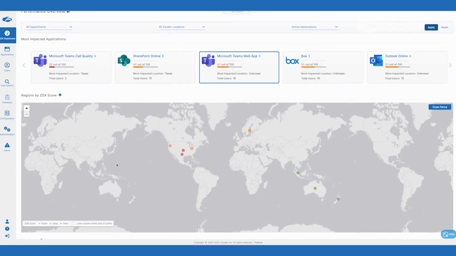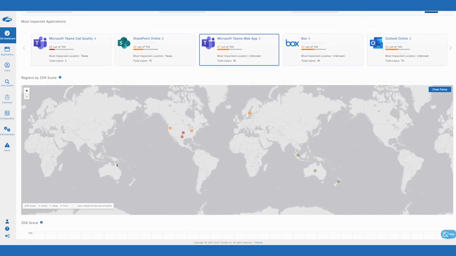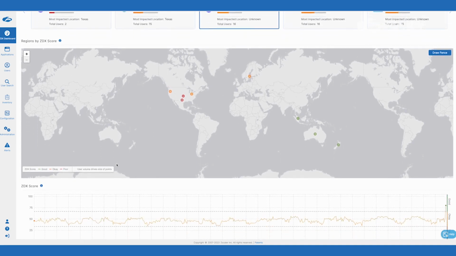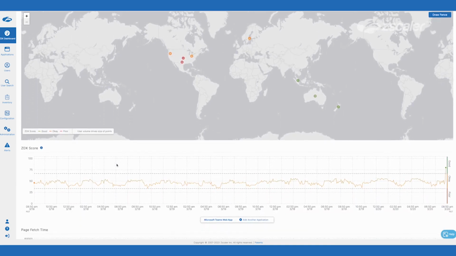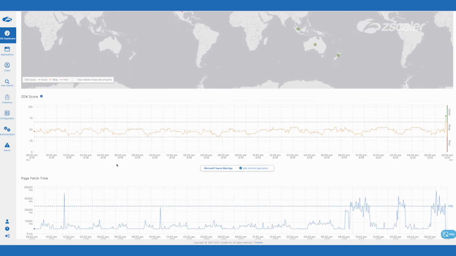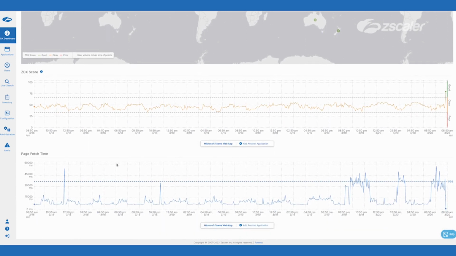And the idea behind it is to help users get back to work faster, especially when they have trouble, when they're remote, or maybe when they're in the office. Users are really dynamic these days. And what we're seeing is that they want everything to work fast. They want it to work seamlessly.